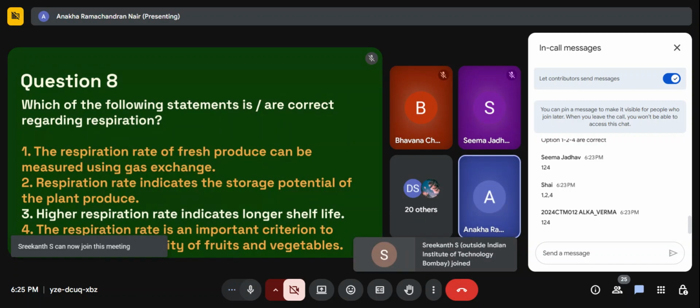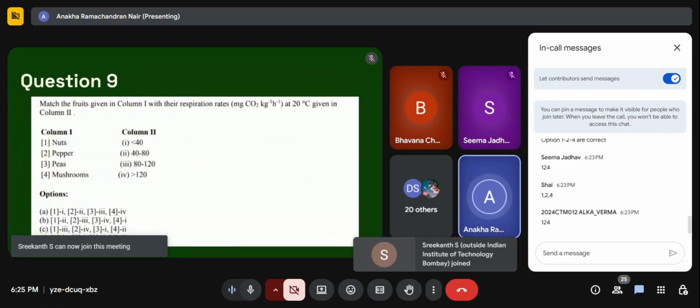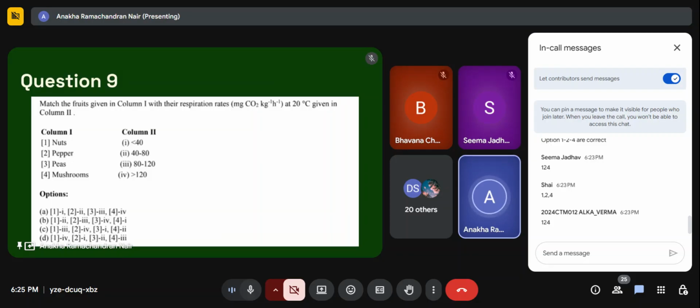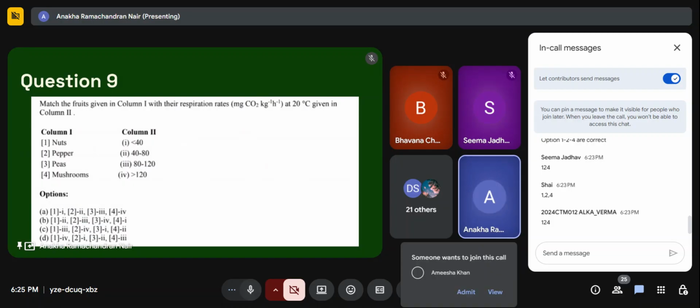All right. So the next question is question number 9, and it is a match the following kind of question. So you have to match things from column 1 to column 2. Column 1 is different products like nuts, pepper, peas, and mushrooms, and column 2 is the respiratory rates.